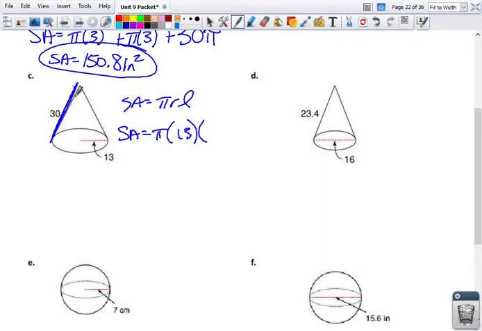That's the slanted height, if you want to think of it like that, times 30. Let's plug all that in. Times 13 times 30. Enter. I'm getting 1225 units squared.